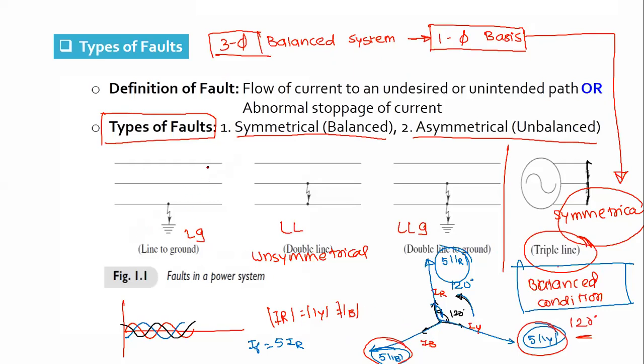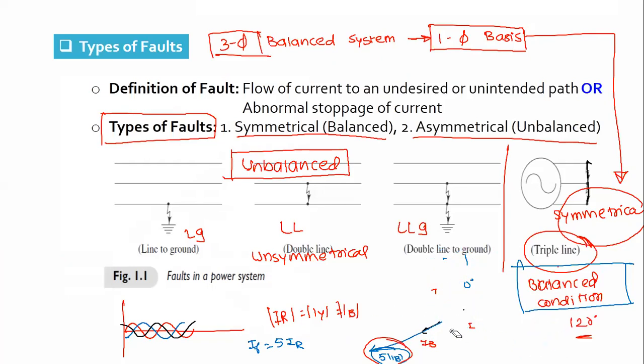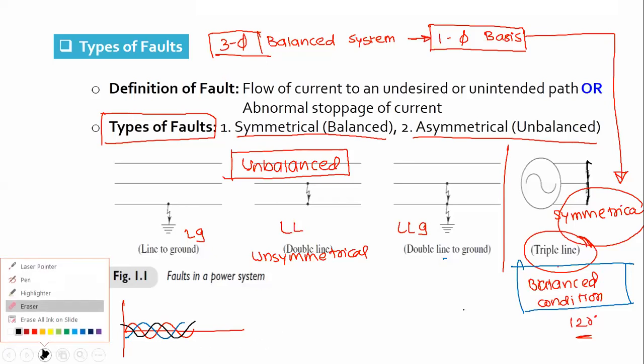Here in unsymmetrical fault, the system is unbalanced. Why unbalanced? Because current will rise in any one, let's say single line to ground fault. In two of the phases, current will still be normal, but in one of the phases, current will rise. Also, the phase angle between the pre-fault and post-fault conditions may not be the same.